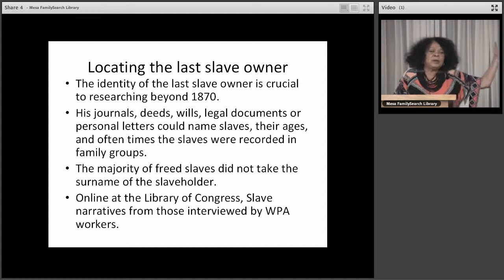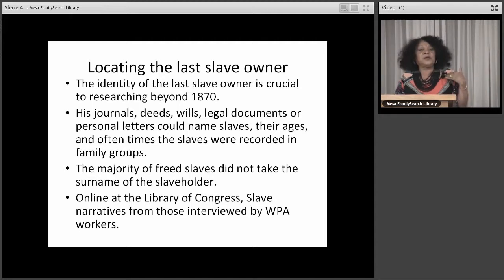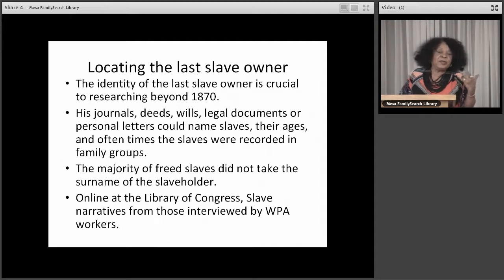Or maybe your parents belong to someone else. And you say, well, I'm going to take the name of my father. In my own situation, my great-grandparents, although they had been together from 1858, some of their children were born as early as 1862, but they all went by his surname rather than the last name of the owner.